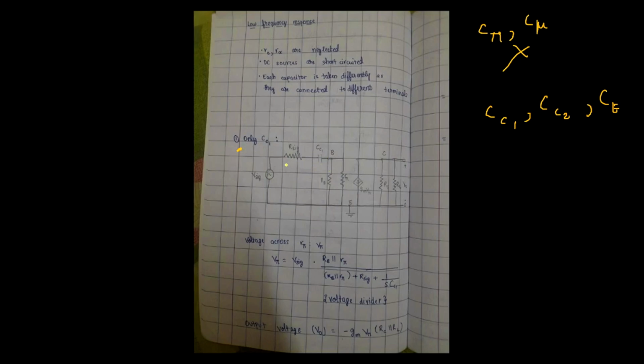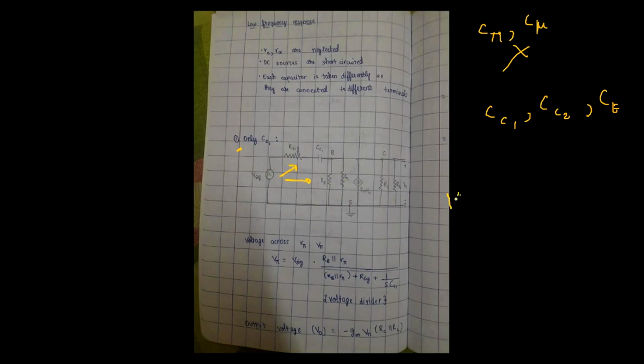So the first thing is we'll take only CC1. CC1 is the capacitor right beside our base terminal. So this is our circuit when we are taking CC1. So let's start with the resistance R pi. We find the potential difference across that using the voltage divider rule.